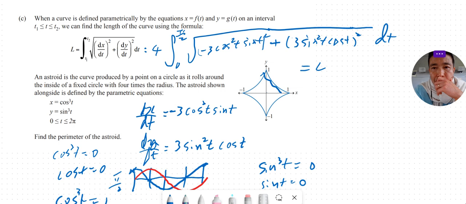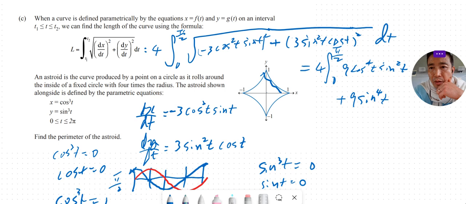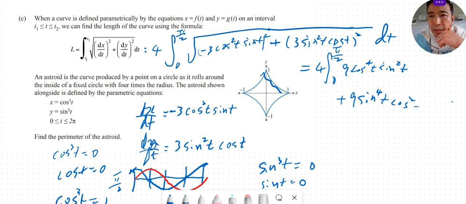So all we have to do is solve this. Inside, the integral from 0 to pi over 2 of 9 cosine to the power of 4 t sine squared t plus 9 sine to the power of 4 t cosine squared t dt, and we have a square root.